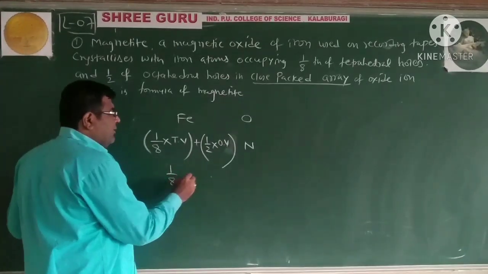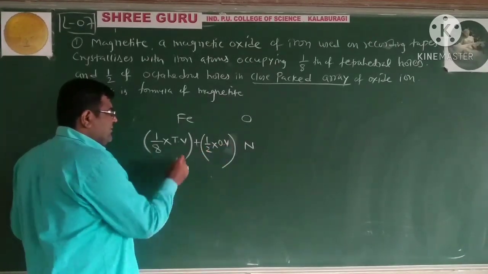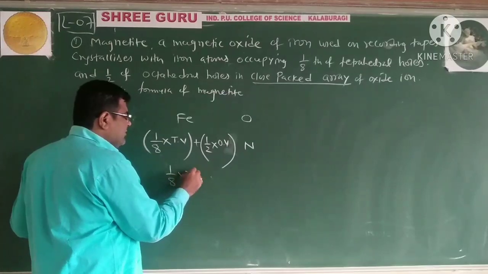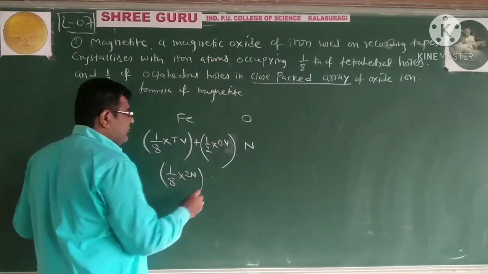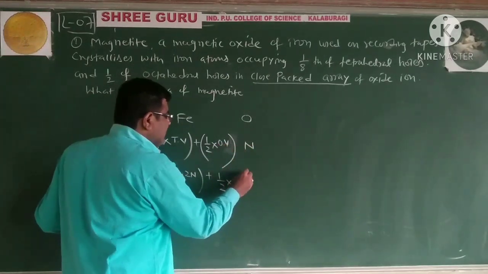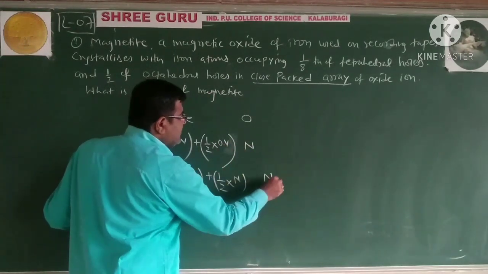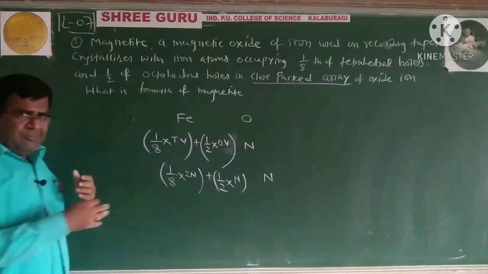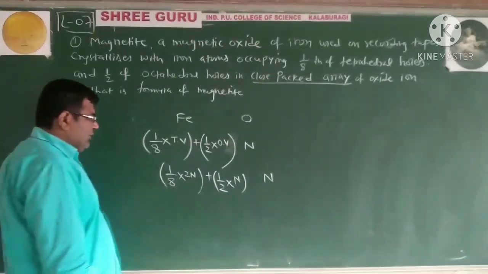If N is the number of particles, tetrahedral voids are 2N and octahedral voids are N. We take the ratio of that and then arrive at the formula.